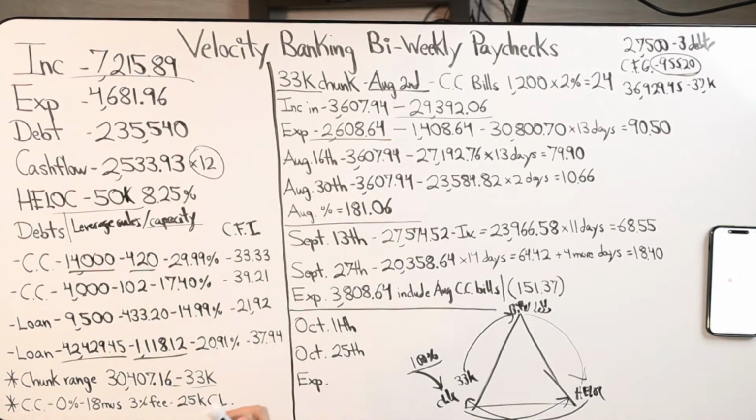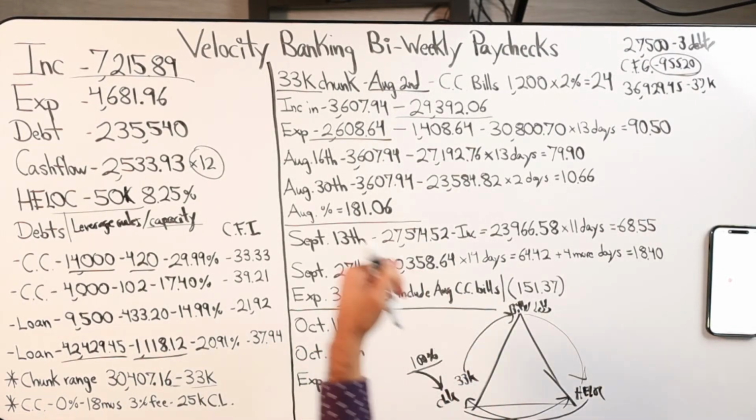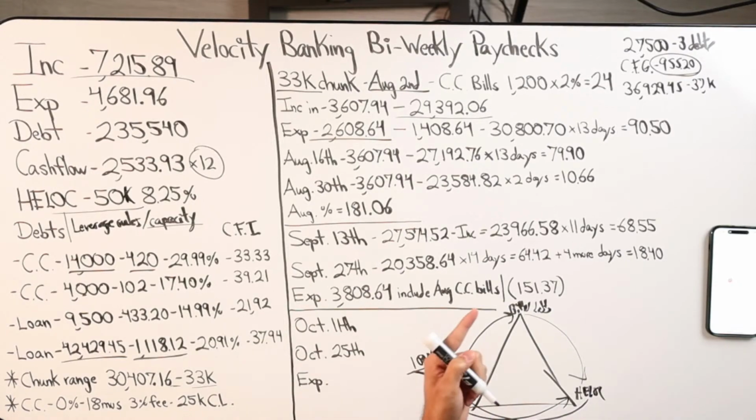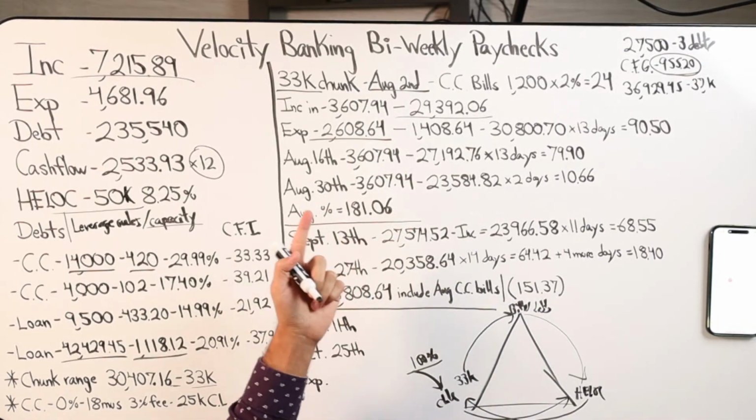For that month. Okay? That's what happened. So you add that $1,118.12, add the $955.20, minus it from $4681.96, you should get that number, $2608.64.